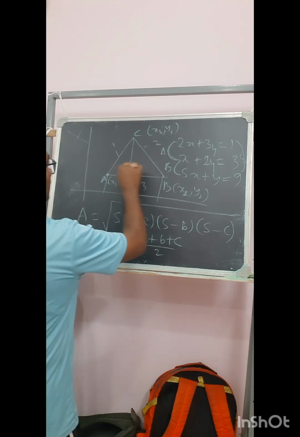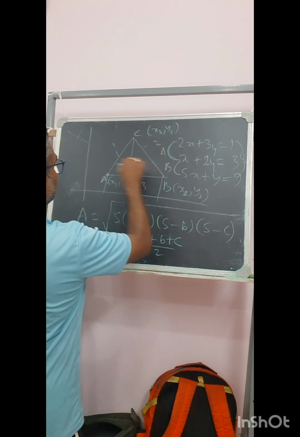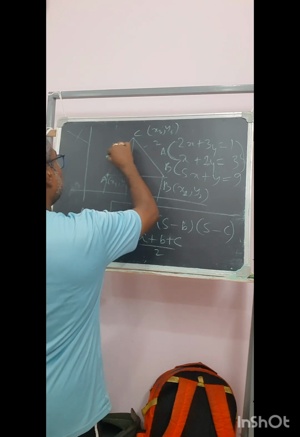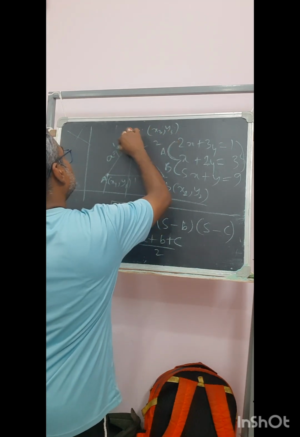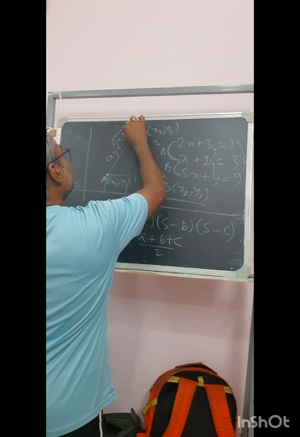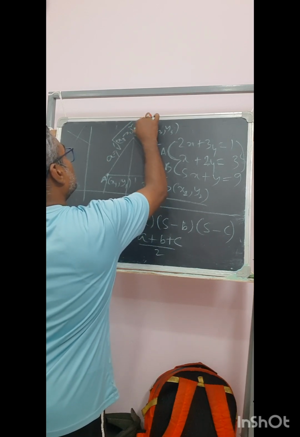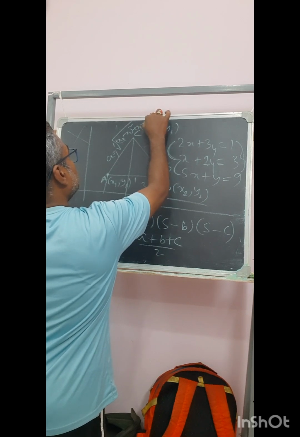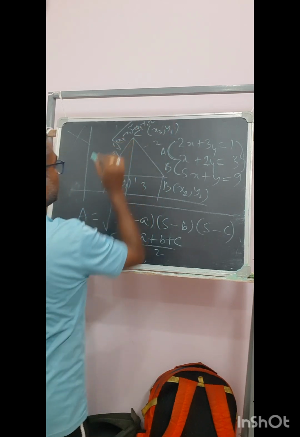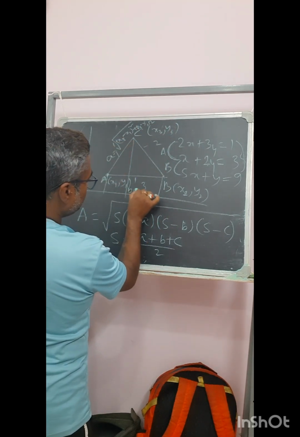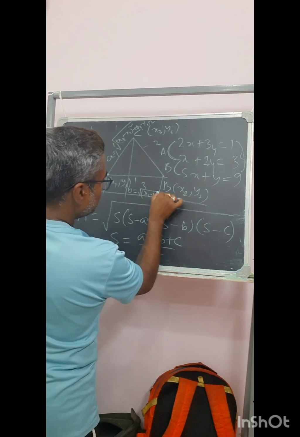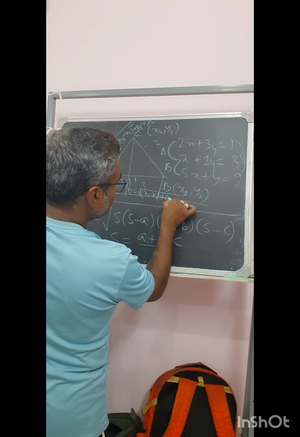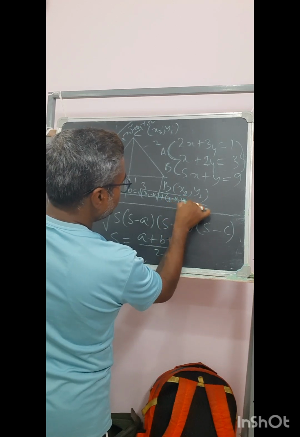That means once you get these 3 points, you can get the lengths of the sides. If this is A, and this is x3, then A will be the square root of x3 minus x1 whole square plus y3 minus y1 whole square. Let's say this is B, so B will be between x2 and x1: x2 minus x1 whole square plus y2 minus y1 whole square.